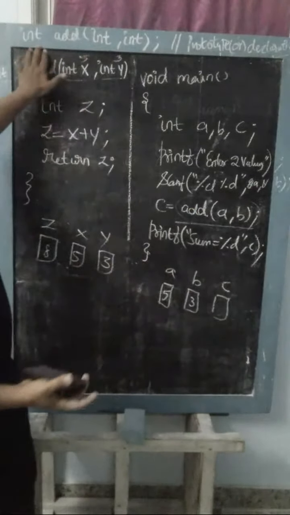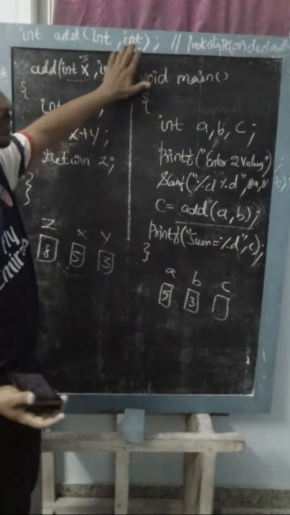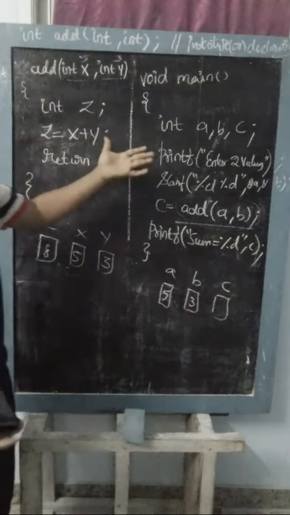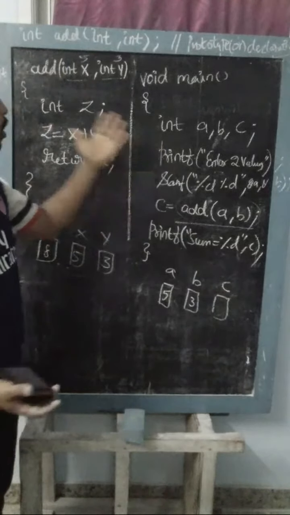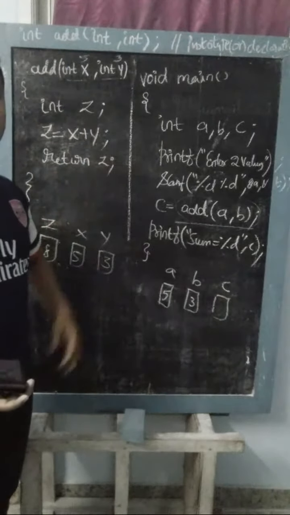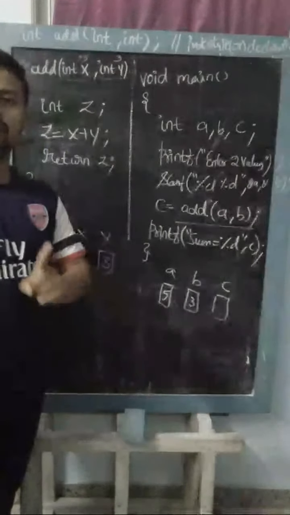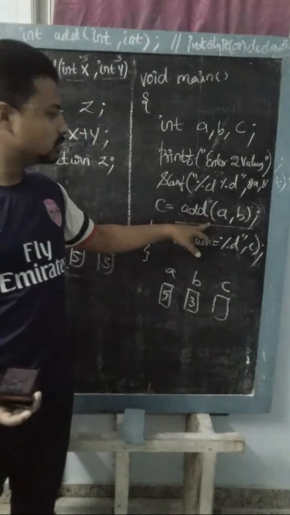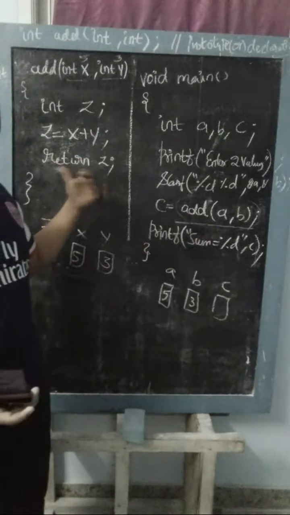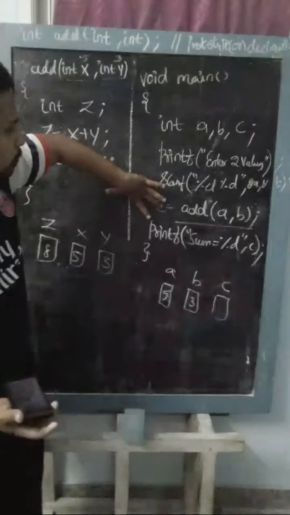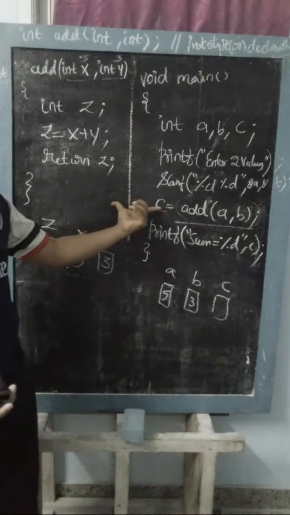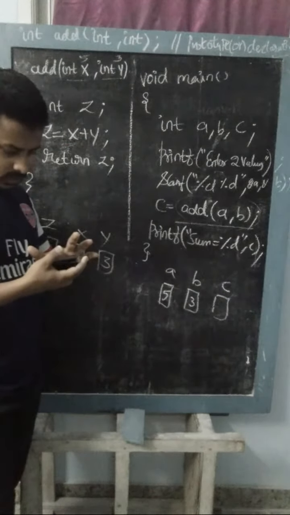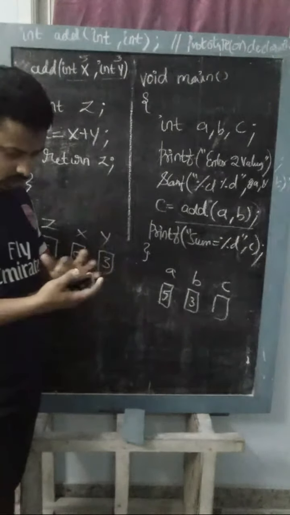After that, you complete this line, which is called the function prototype or function declaration, and then you can write either the main or the function definition, whichever. But the compiler only knows about the main function. This line is the only link between the main function and the function definition. Okay, that is the thing. Is there any doubt so far?